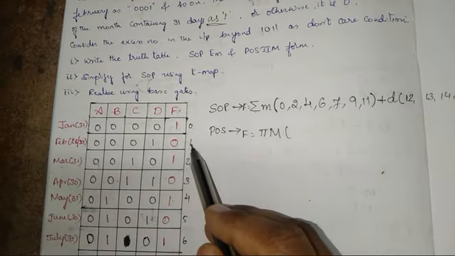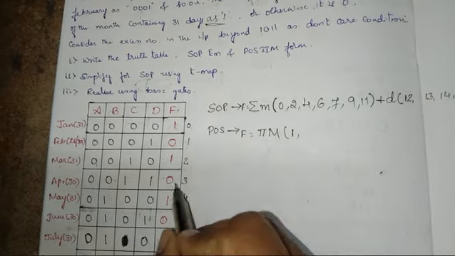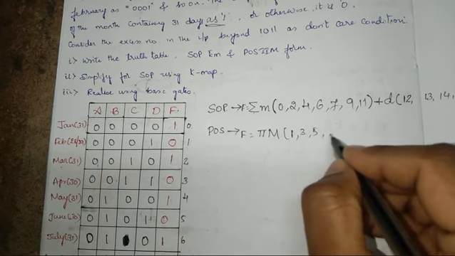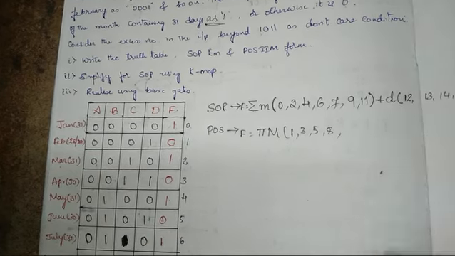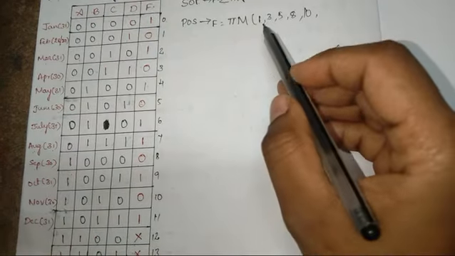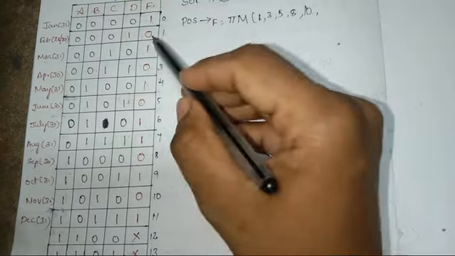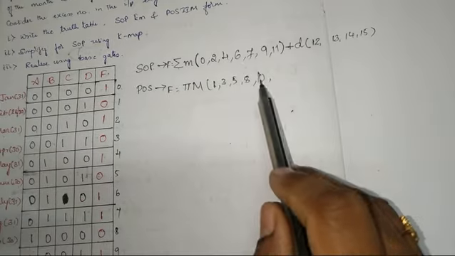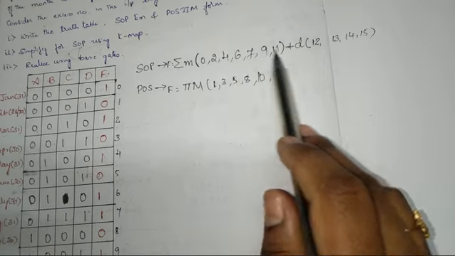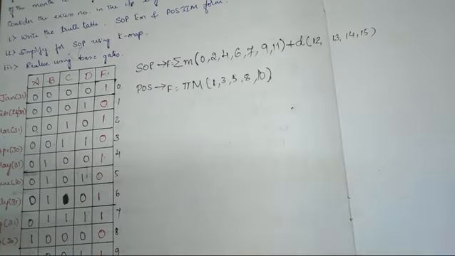In the input 1, the input 3 and the input 5, input 8, okay, in the input 10, that's it, right? We are having 1, 2, 3, 4, 5. So close the bracket here.